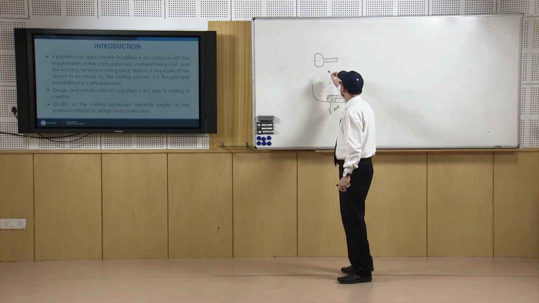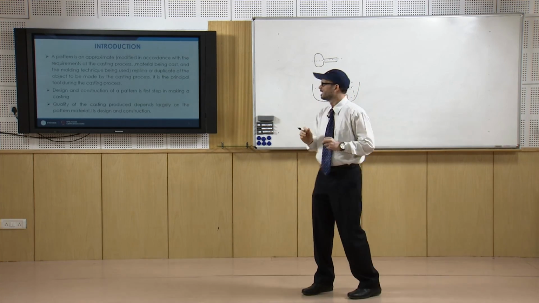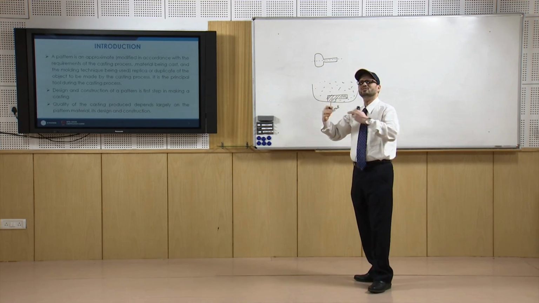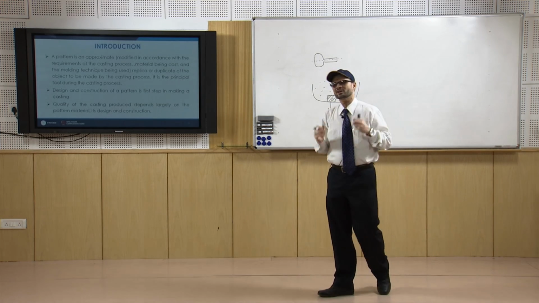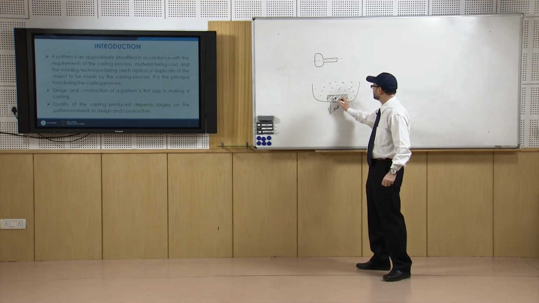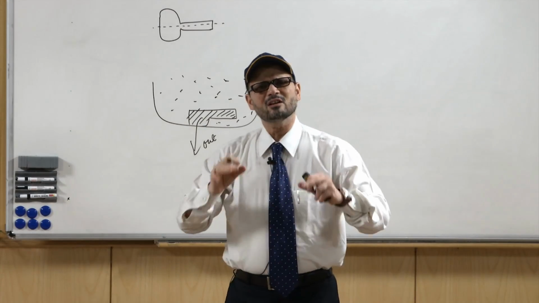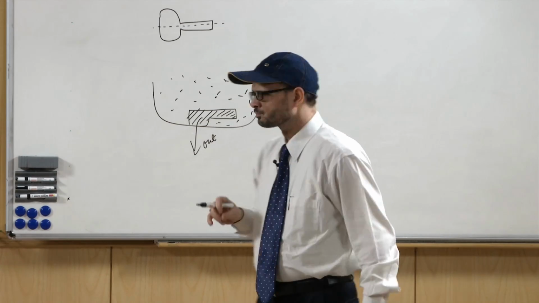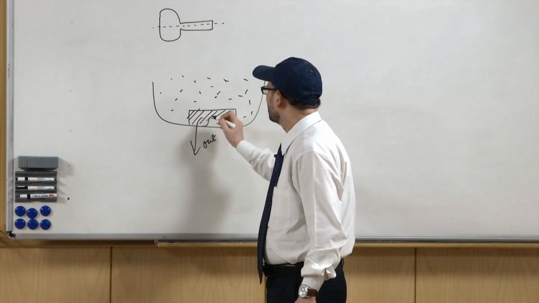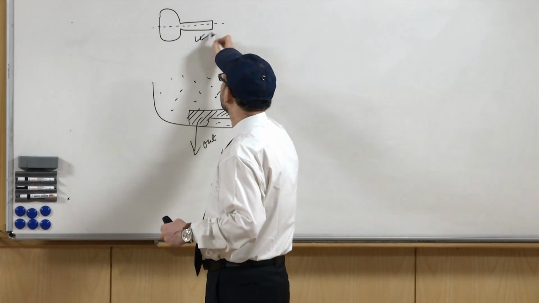Initially you make it with some material, and for that we will discuss different types of pattern materials. Once we remove this, a cavity is formed. In that cavity molten metal is to be poured. Once the molten metal is poured and solidified, it will give you a similar shape.